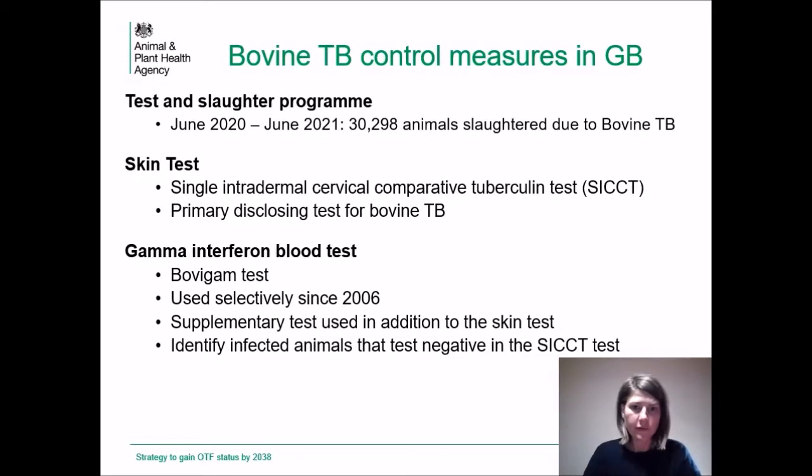This is the primary disclosing test for bovine TB in Great Britain. Since 2006, we also use the gamma interferon blood test, also known as the Bovigam test. And this is really a supplementary test used in addition to the SICT skin test. And it really aims to identify infected animals that haven't been picked up by the SICT test.